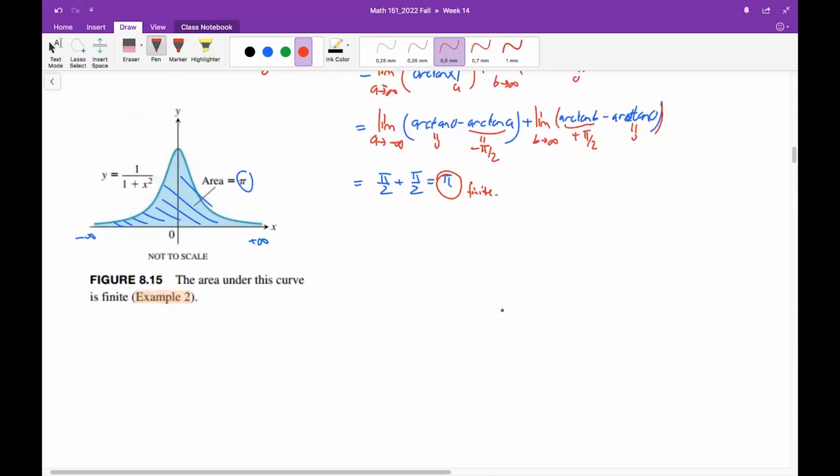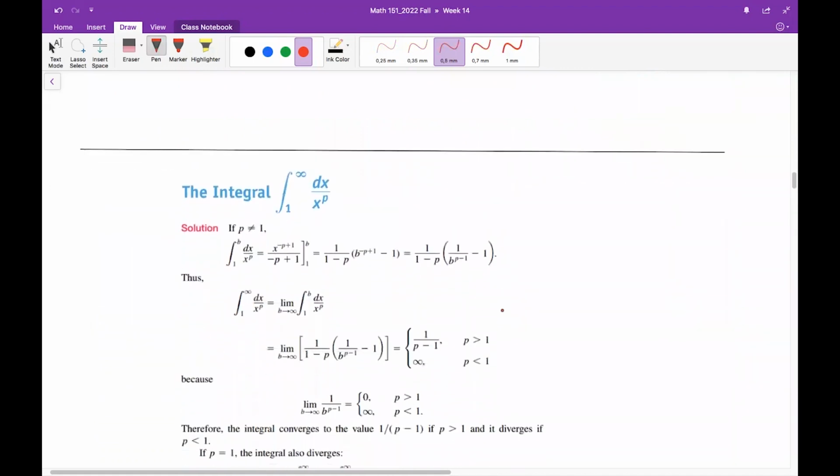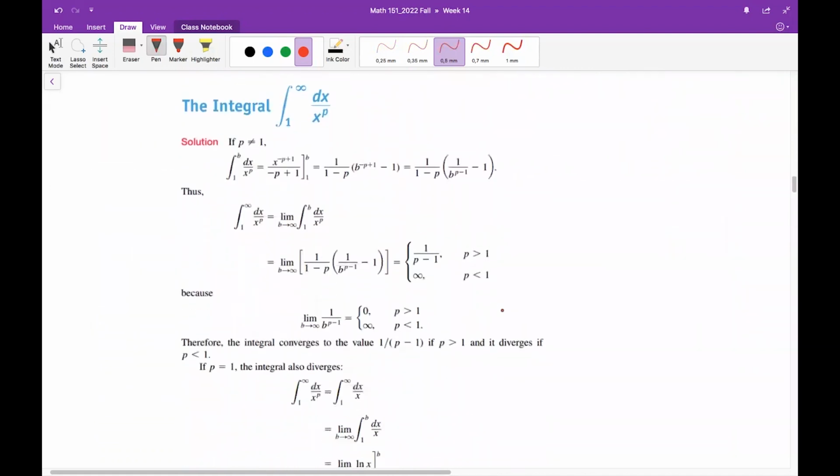Okay, and finally in this lecture video, I will talk about this famous integral that we will make use of to solve the questions in the next section. So this is an improper integral of type 1 again, because the interval is infinite.